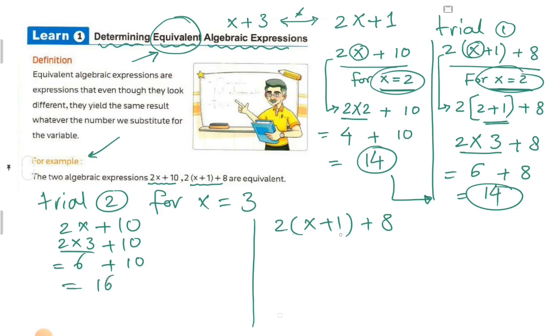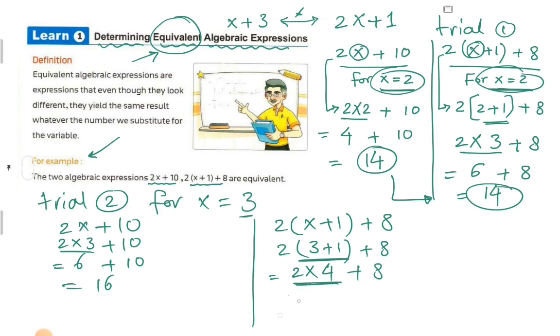The other expression, 2 by x plus 1 plus 8, delete x and put 3 plus 1 plus 8. Start with parentheses, 2 parentheses, that means 2 by the parentheses result 4 plus 8.